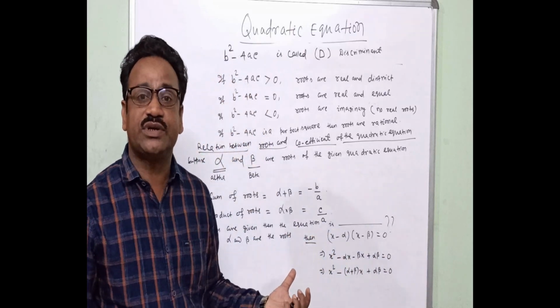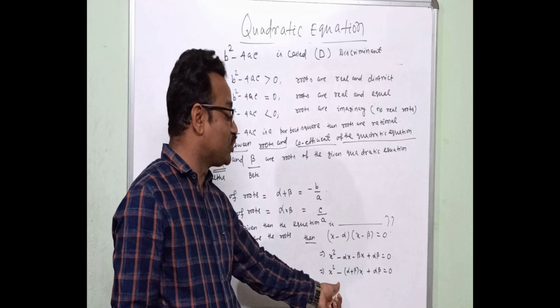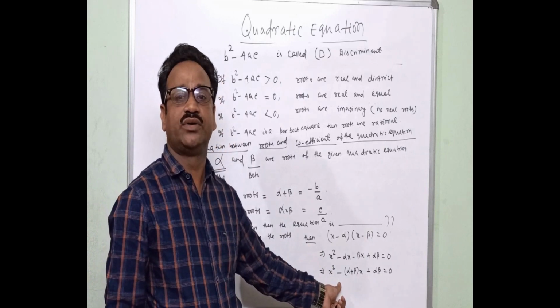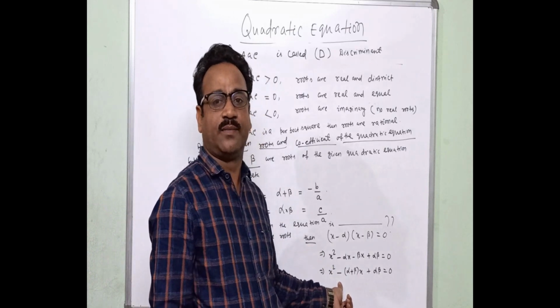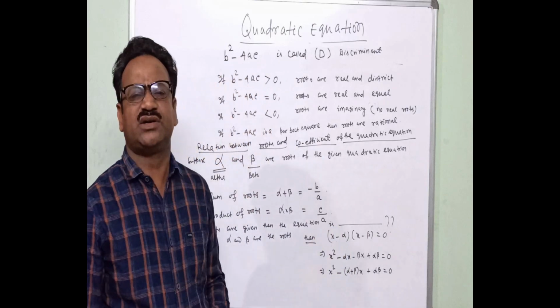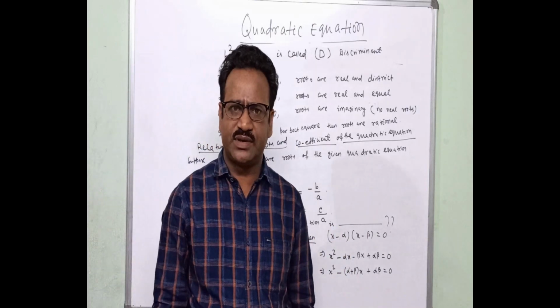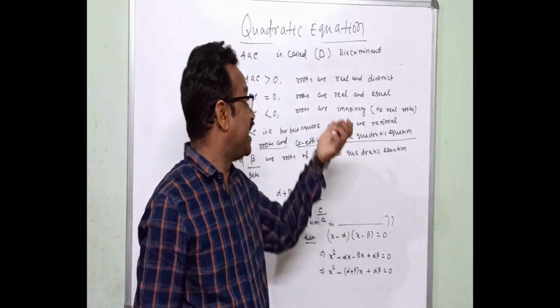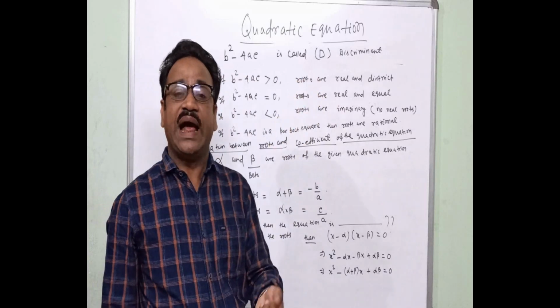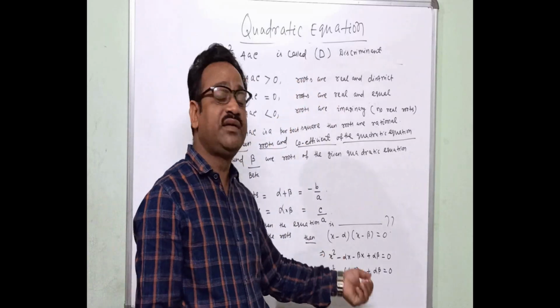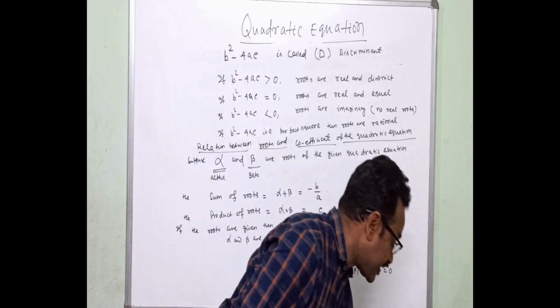When the roots of the equation are given, directly we can use this formula to find the equation. Let us take some examples to explain how we are finding the roots and how we are finding the equation when roots are given.